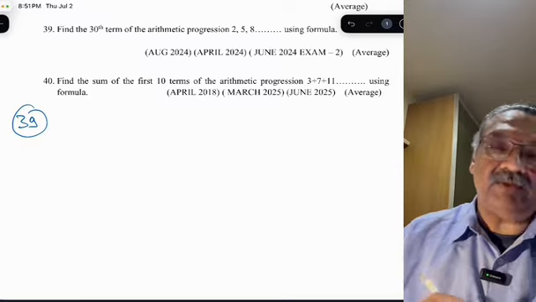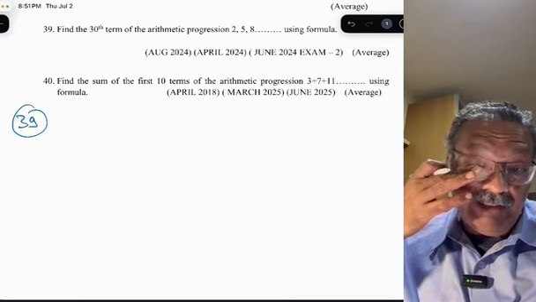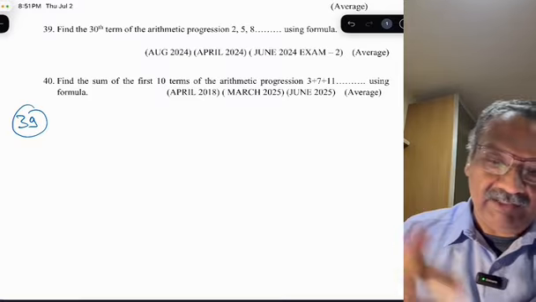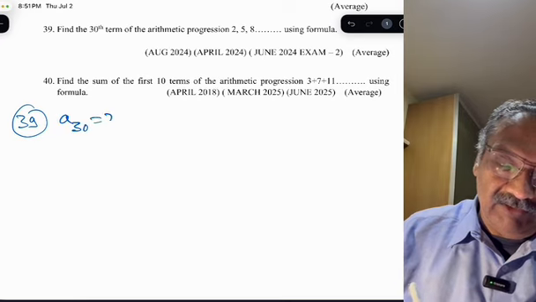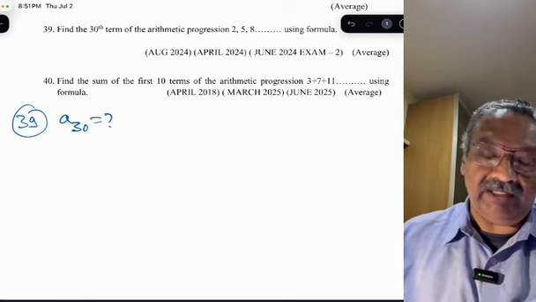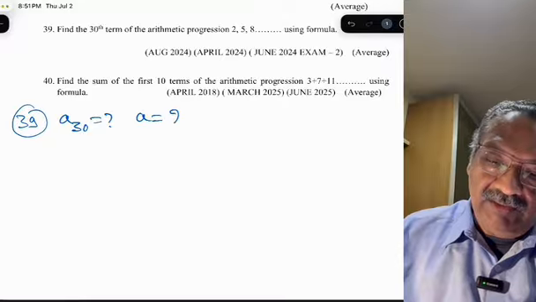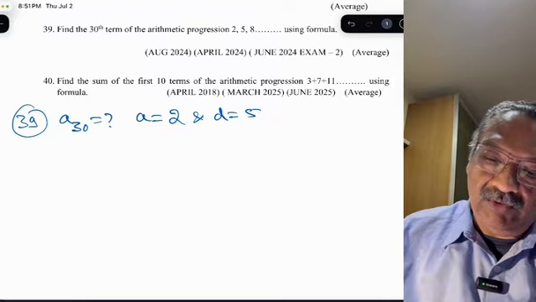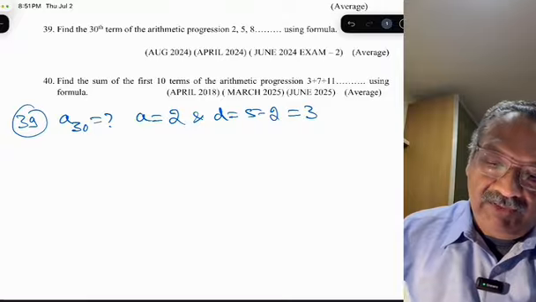Let us come to the 39th question. What does the 39th question say? Find the 30th term of the AP using formula. Simple. They are asking a30. I will solve it faster because we have done this before. Here a is equal to 2 and d is equal to 5 minus 2 is equal to 3.